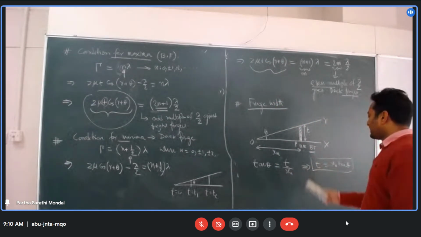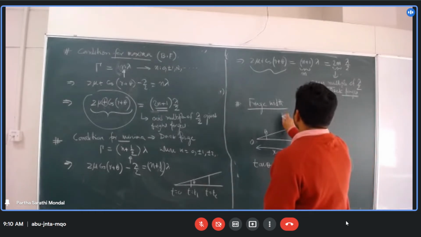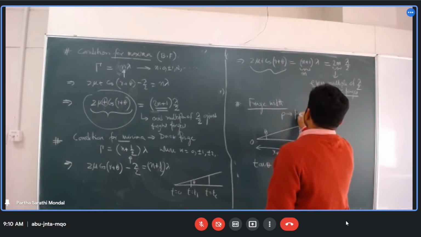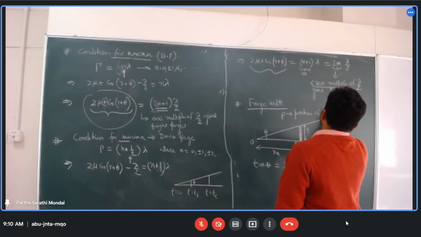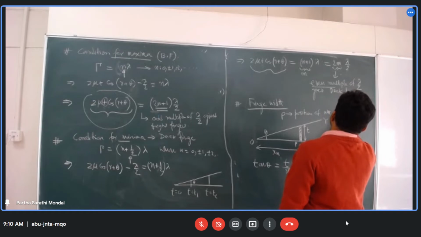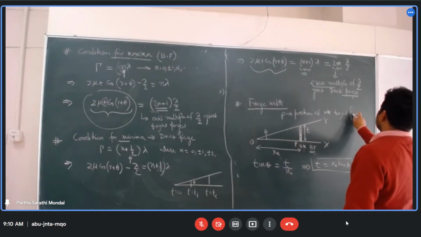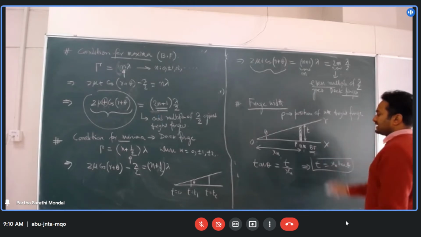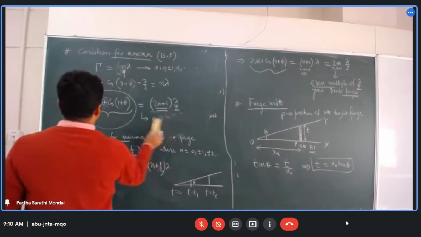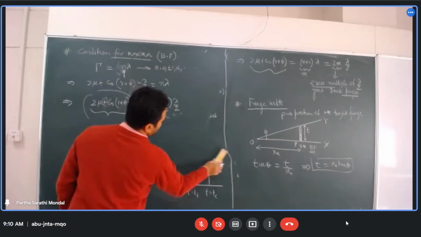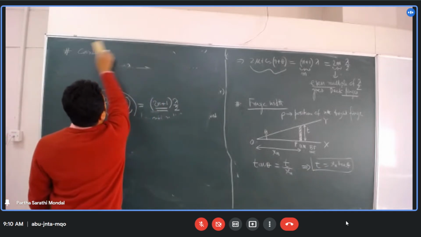Since we have considered it is the position of the nth bright fringe, situated at distance xn from O, let's put it in the condition for bright fringe.